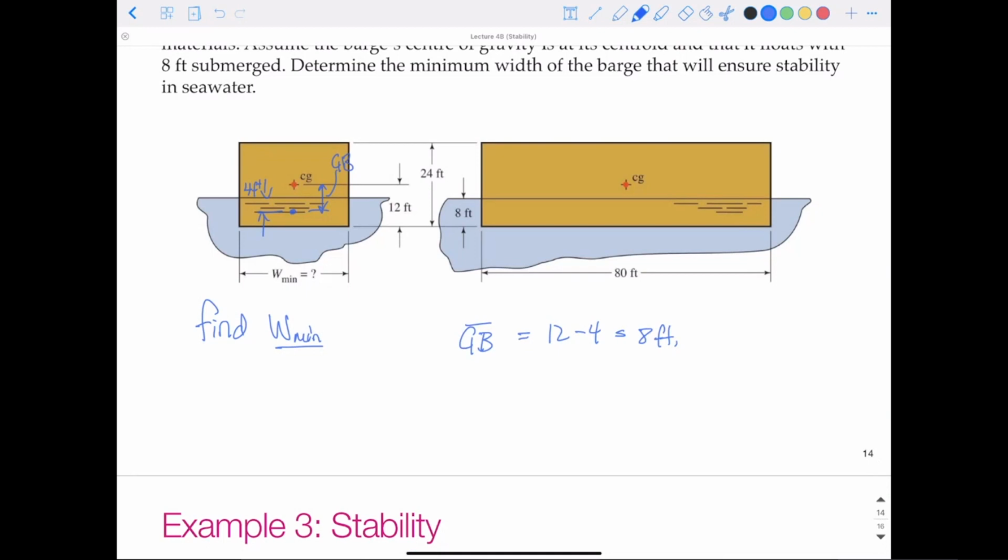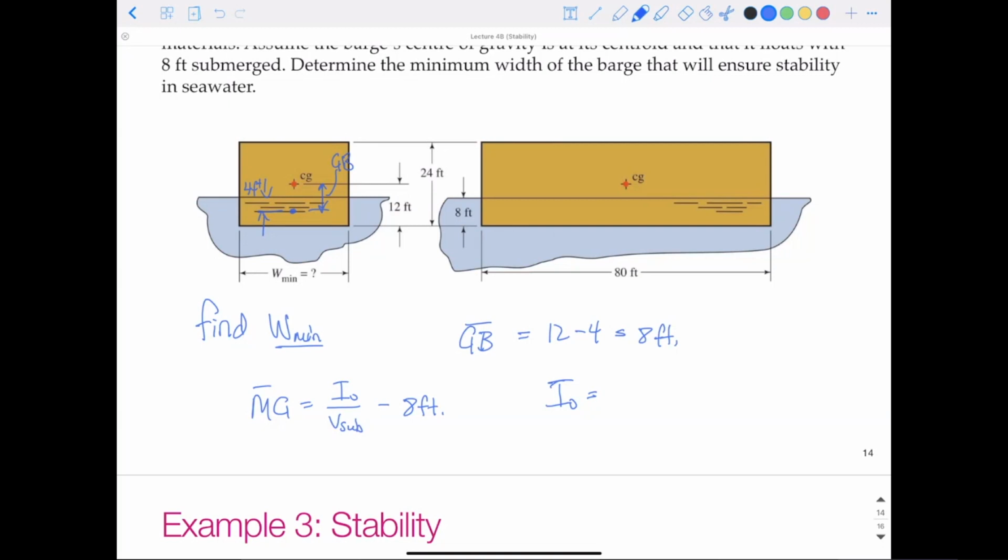So now let's calculate MG. It's I0 divided by the volume submerged minus GB. What is I0 for this?